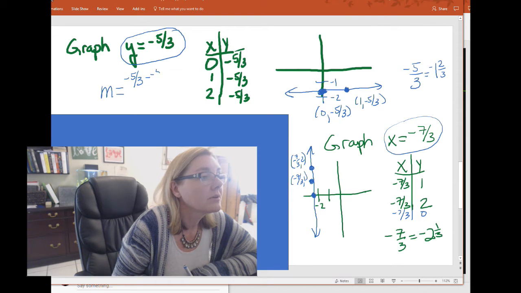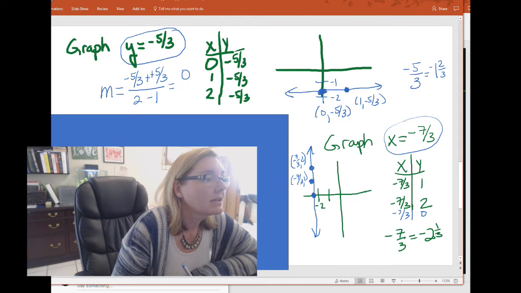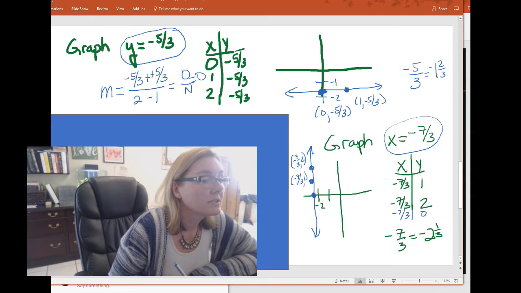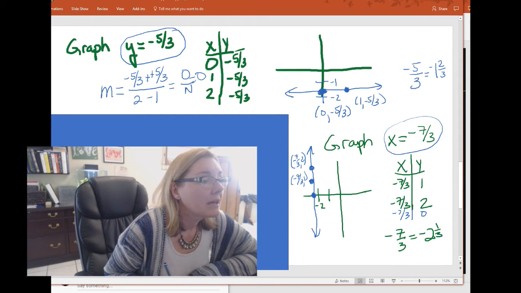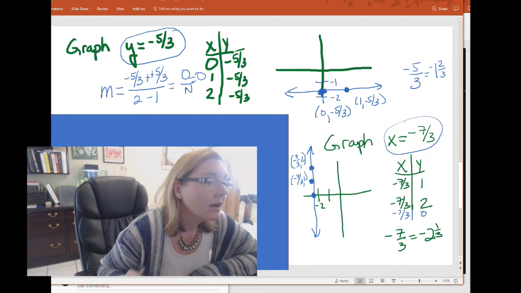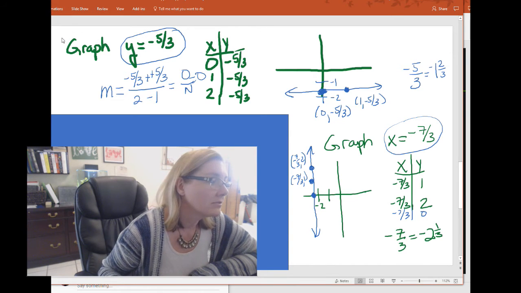So for example, here, negative 5/3 minus 5/3, and maybe 2 minus 1. Subtracting a negative is adding, so negative 5/3 plus 5/3 is 0, and then you'll get some number, it doesn't matter what, in the denominator, so you'll know that that is equal to a slope of 0. Repeat that procedure with the other graph, you would see that the slope is undefined.